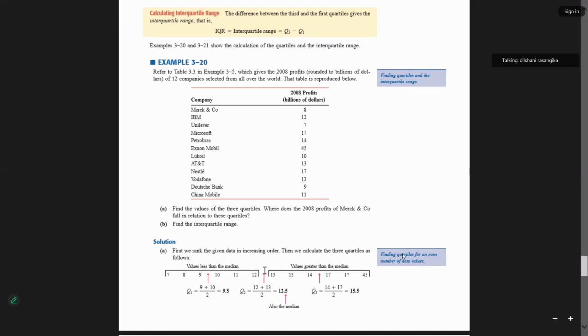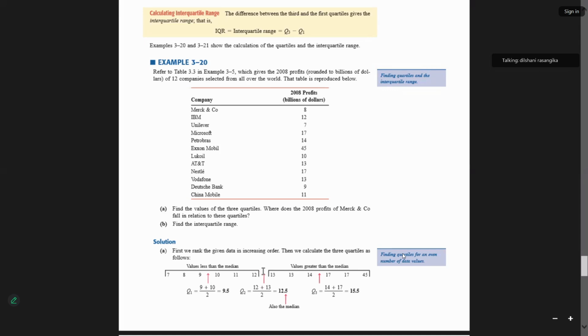The middle position is empty. In your childhood, you found the median by cutting the values from both sides, no? You cut 7 to 45 and 8 to 17. Likewise, you can find the median like that also. When you cut such values from both sides, there's no middle value.